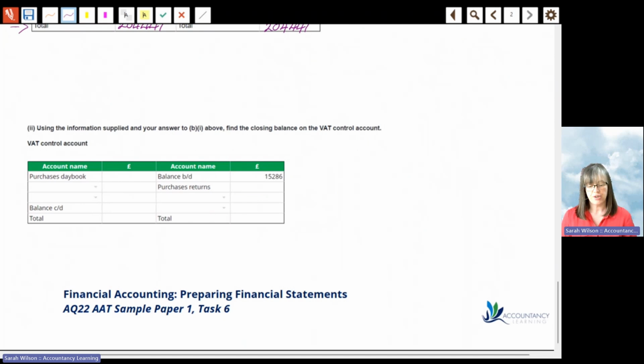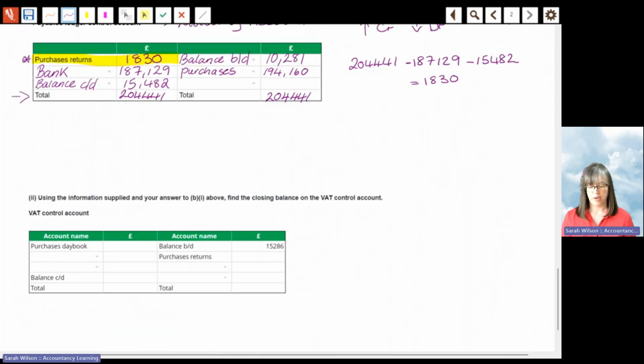So now we've got to use the information supplied and your answer to B above and find the closing balance on the VAT control account. So our answer above was 1,830. So we'll just make a note of that so we've got it for later on. And now let's make up the VAT control account.